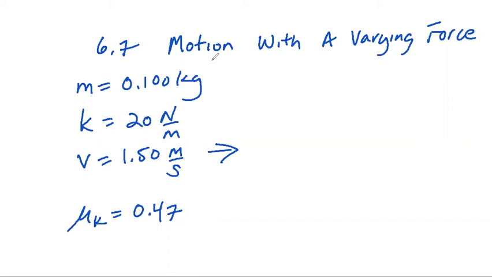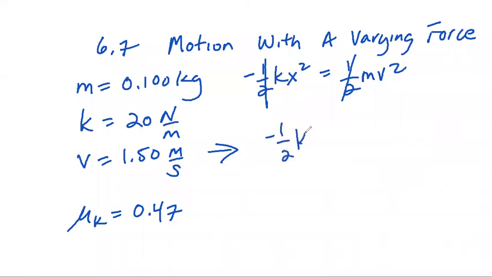Elastic potential is negative 1/2 kx squared equals 1/2 mv squared. I've got a negative 1/2 kx squared equals the change in kinetic energy, and that's 0 for the final, minus 1/2 mv squared.